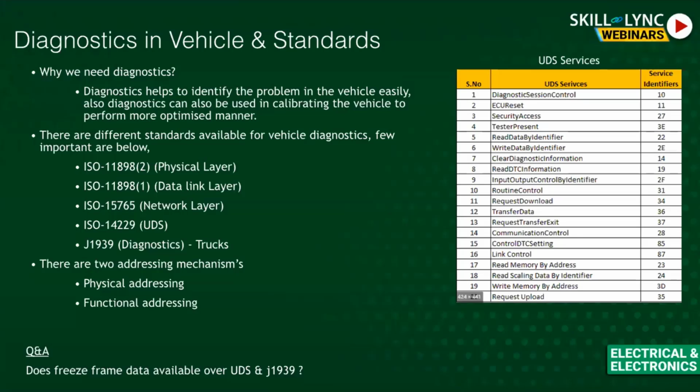There are two addressing mechanisms too, physical addressing and functional addressing. To talk about this addressing mechanism, let us say you have one particular message which is relevant to only one particular node, not to multiple nodes. Let us say I have five different nodes connected in my same network.